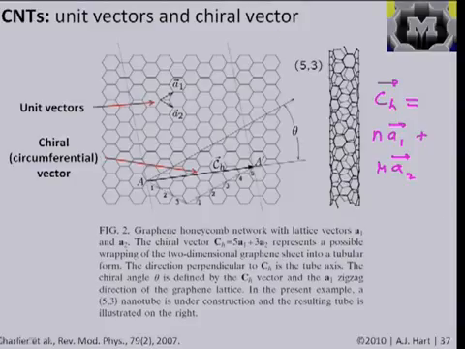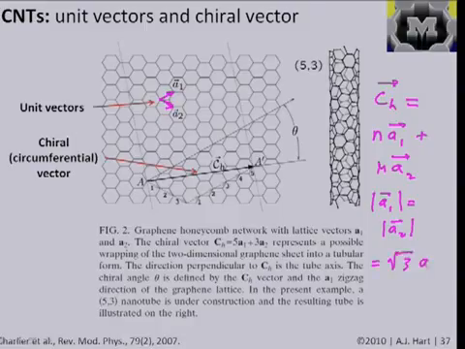And A1 and A2, as you can see from here, are the same length. So the length of A1 is equal to the length of A2, and that is equal to the square root of 3 times what I'll call ACC. And ACC is the carbon-carbon bond distance. So this distance here is ACC.